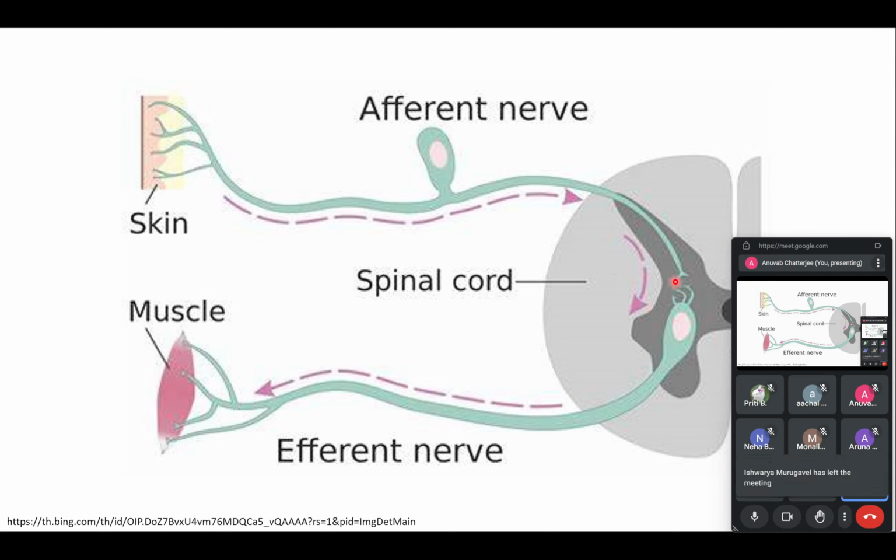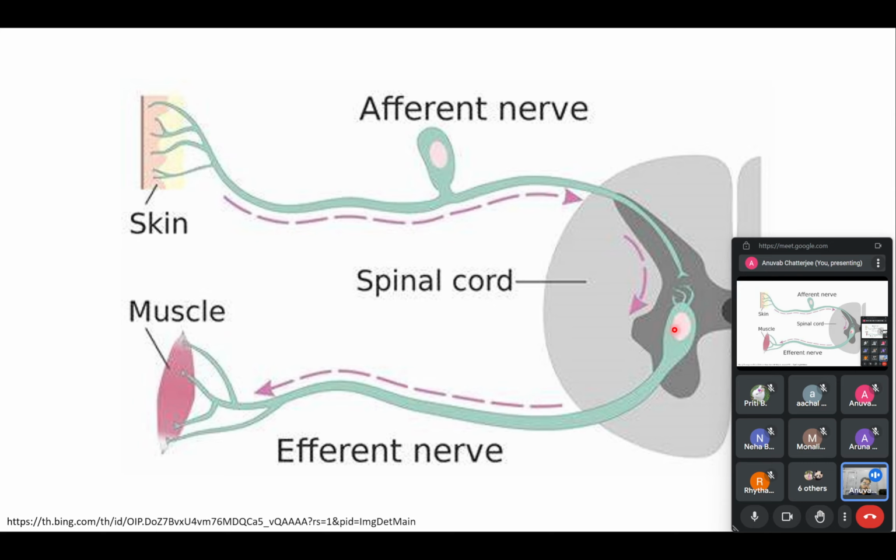Here, this particular information is processed. Either it will be processed in the brain, via the ascending network, following which there will be information that travels down the descending network, and which will then reach the efferent nerve, which is the motor nerve that will actually do something.